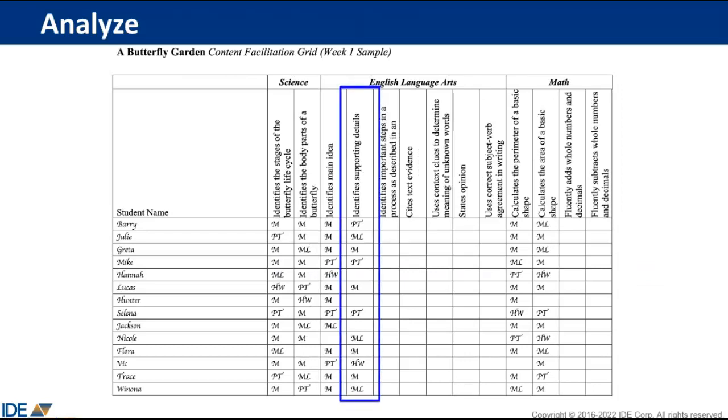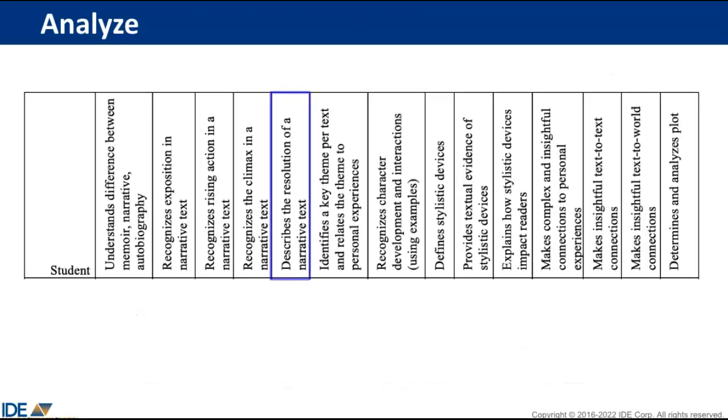Also, I can look at standards or skills, looking at the columns. So now I'm looking at how I have supported students in this instance at supporting details. Looking down that particular column, do I have a lot of mastery? Are there a lot of different small groups? Which helps me then to maybe modify, right, my next instructional activities.